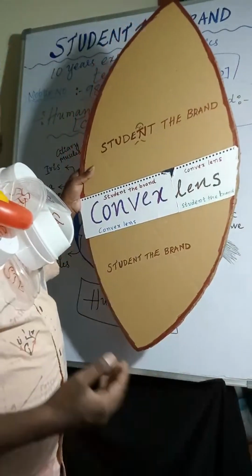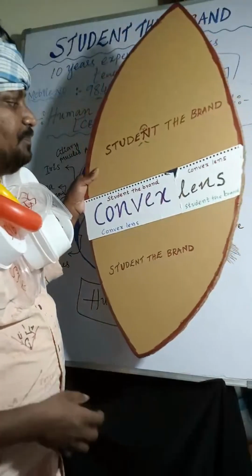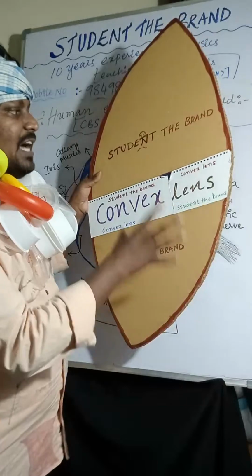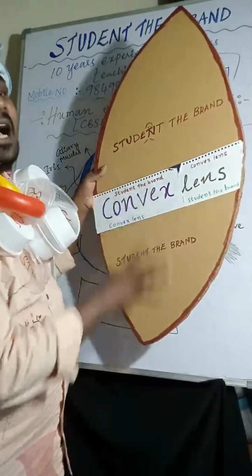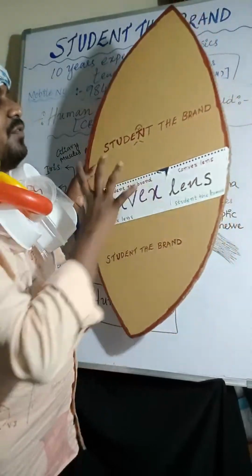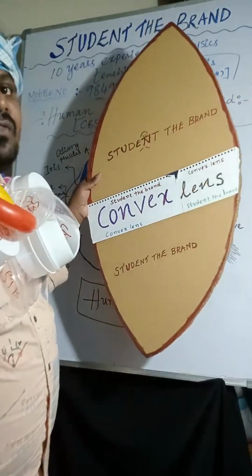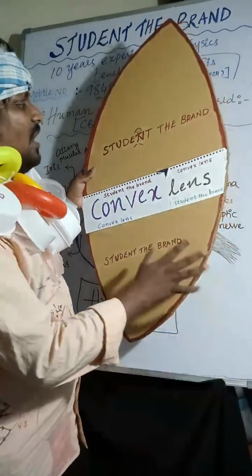By that we are able to see near distance objects. When you are seeing a far distance object, the eye lens curvature reduces, the eye lens becomes thin, and focal length increases. By that we are able to see far distance objects.